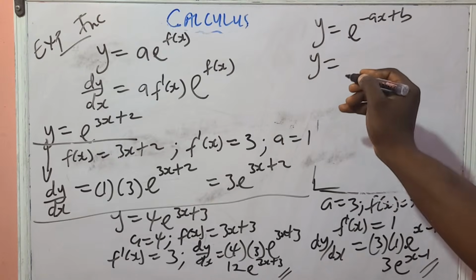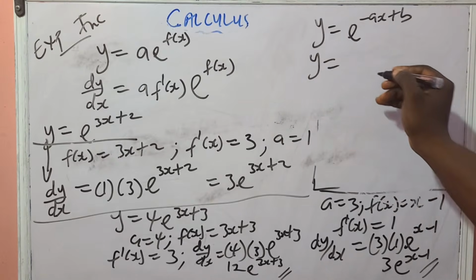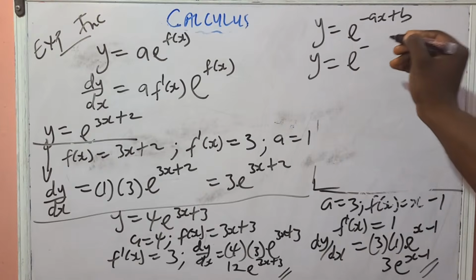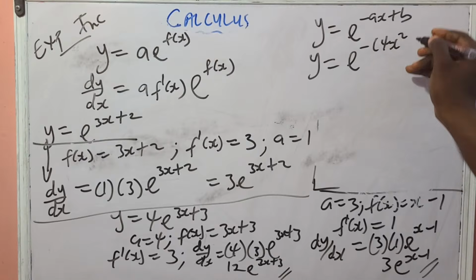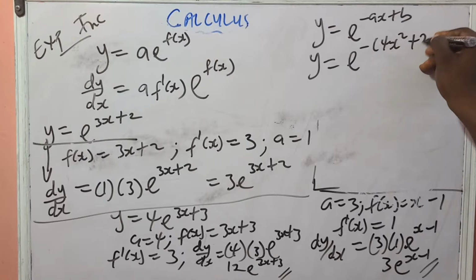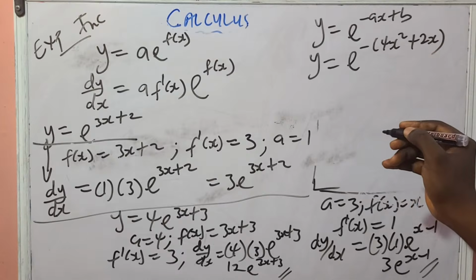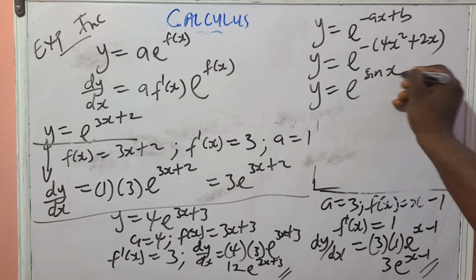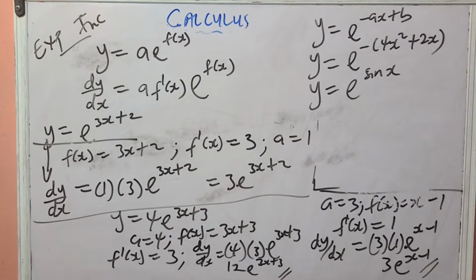Then y equals e raised to power minus 4x squared plus 2x. Then let's say y equals e raised to power sine x. I think the last but not the least will be y equals e raised to power 2x squared minus 7x plus 1.